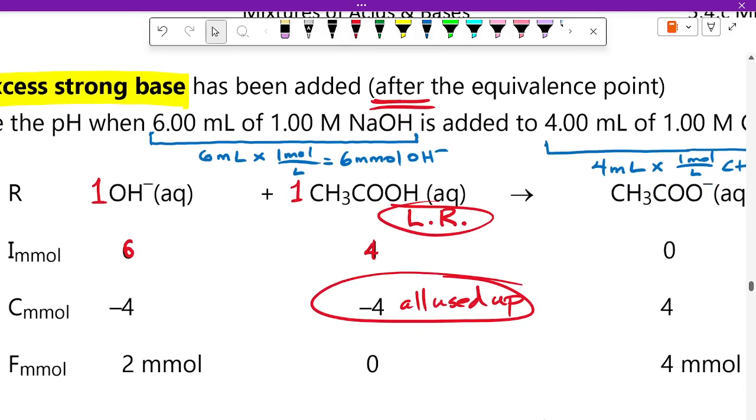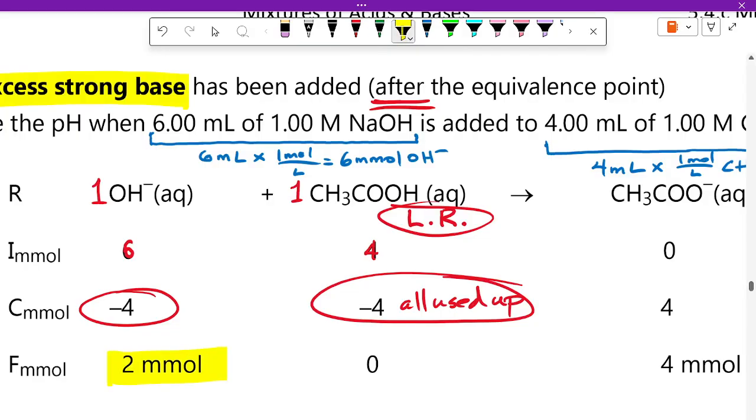Okay, so that goes down by 4. That means that the hydroxide, which is 1-to-1, also goes down by 4. So we are left with 2 millimoles of hydroxide. We are left with 0 millimoles of the acetic acid.